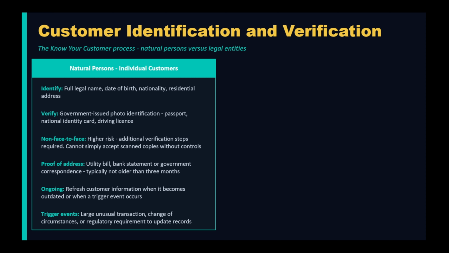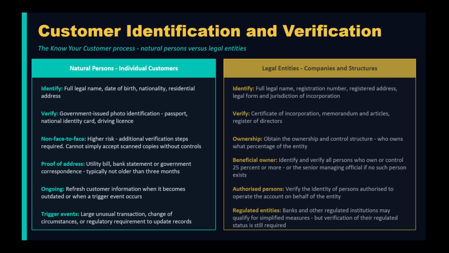Most jurisdictions require this to be no more than 3 months old, and customer information must be refreshed when it becomes outdated or when a trigger event occurs, such as a large-value or unusual transaction, or a change in the customer's circumstances. Let's look now at legal entities.